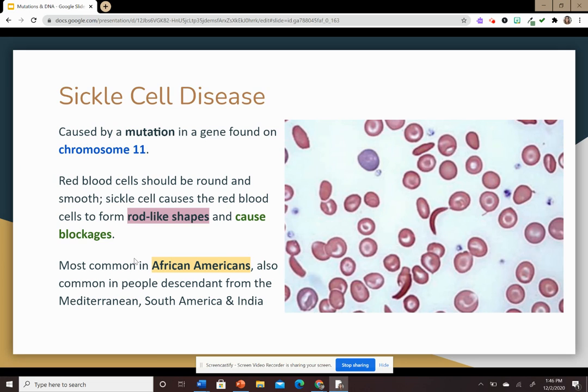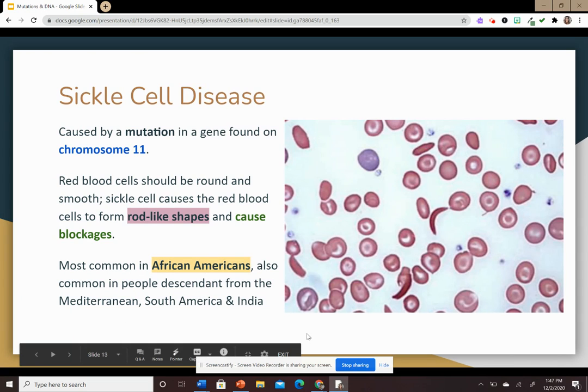This disease is most common in African Americans, but it can also be common. I don't want to say common, but I guess more common in people that are descendants from the Mediterranean, right? Middle East, South America, and India. Well, why is that? Those places like Africa, like South America, like India, they have a high number of mosquitoes.